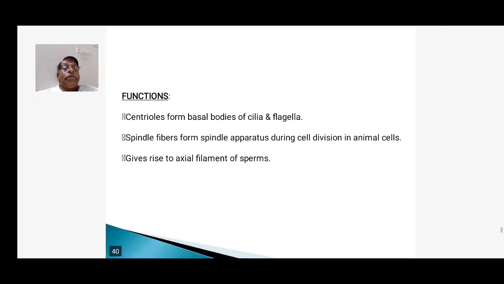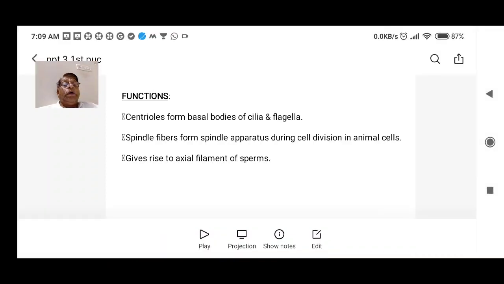Okay. Now, the function, very important part. Centrioles form the basal bodies of cilia and flagella. When we studied the cilia and flagella, we heard about the basal bodies.